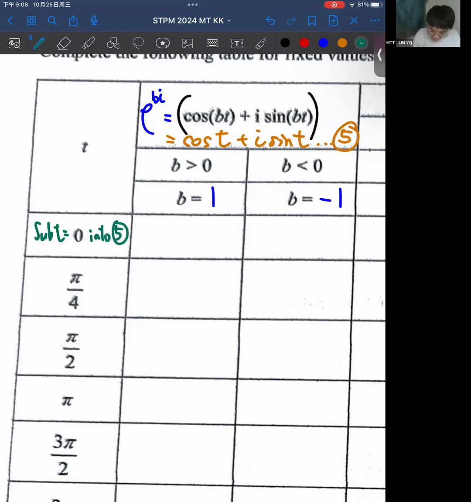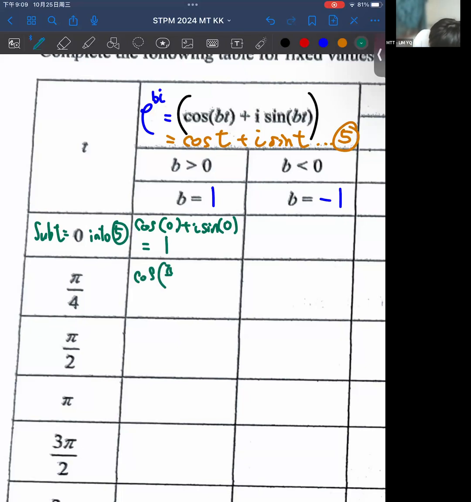So cos 0 plus i sin 0. What does it equal to? Sin 0 is 0, cos 0 is 1. So it is 1. Next, pi over 4. Substitute t equal to pi over 4 into equation 5.